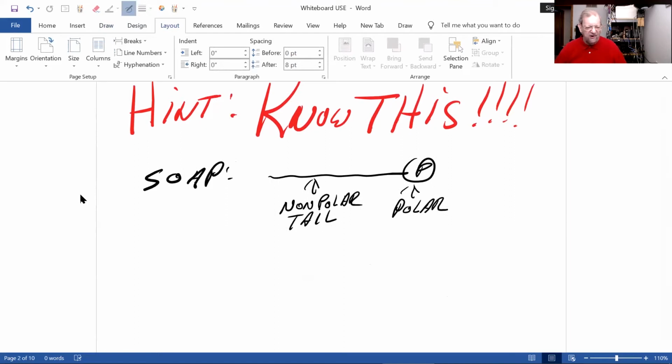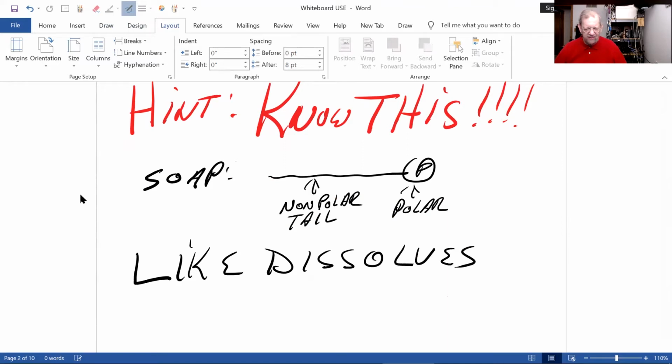The most important thing in how soap works is "like dissolves like." That means polar things are soluble in polar things, nonpolar things are soluble in nonpolar things.